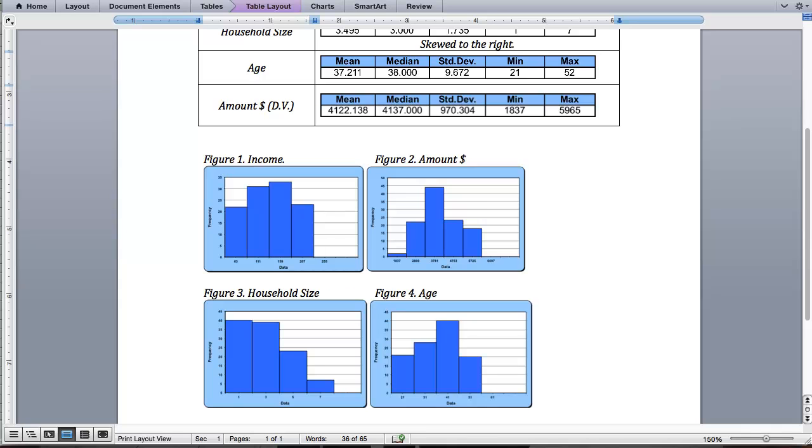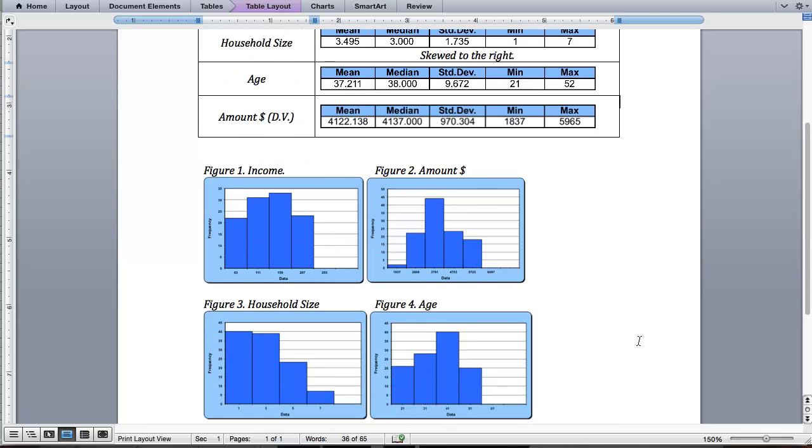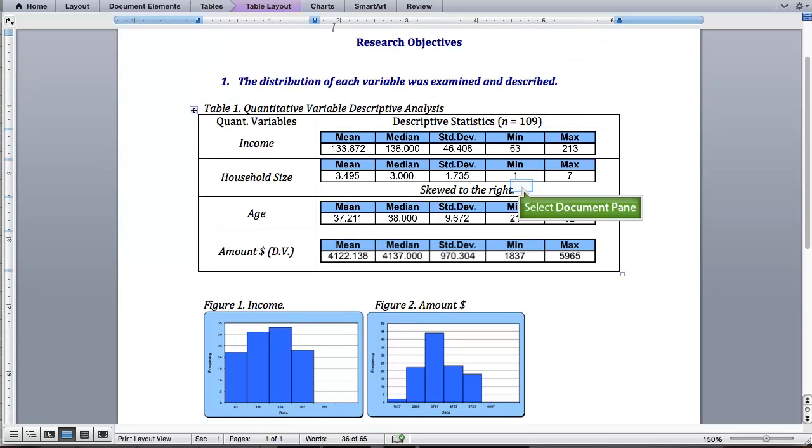And so with the histogram, we could see that income, amount charged, and age, none of those variables have any strong skew or any clear outliers. However, the household size variable, as we would expect, is skewed to the right. And we could see that on the histogram, and so I've added that here.